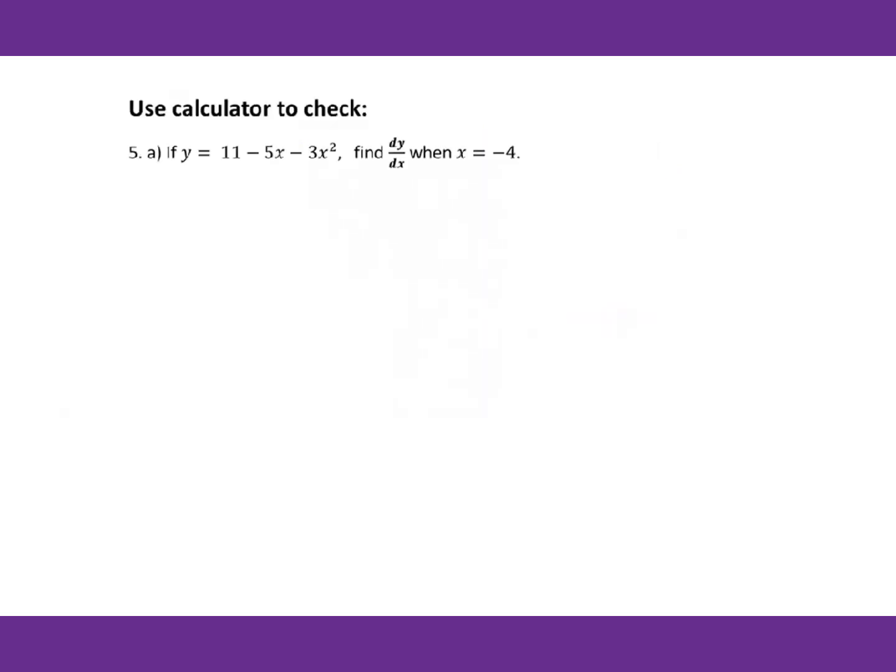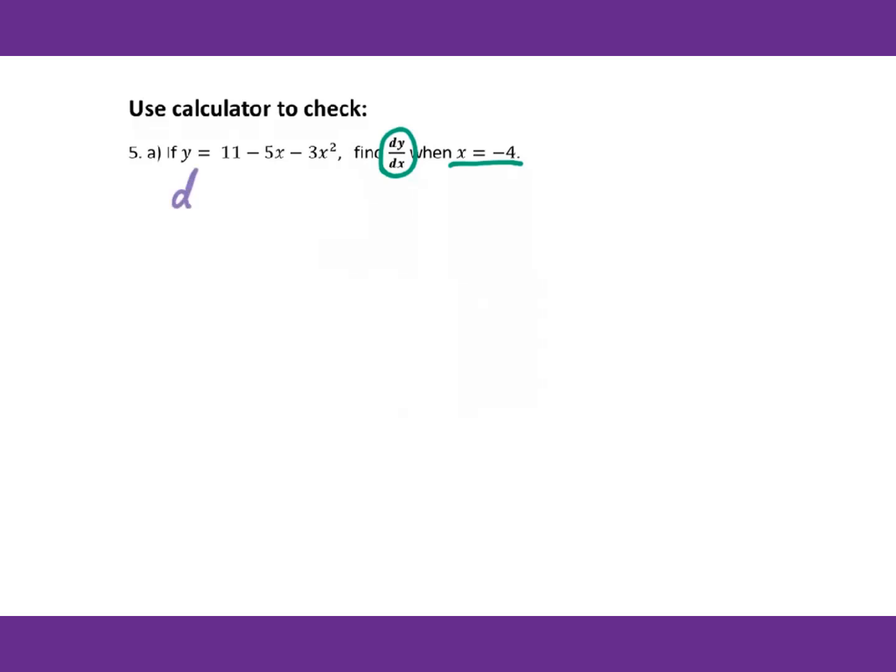Let's go to number 5a. We need to figure out when x equals negative 4, what's the derivative dy by dx. You can use a calculator, get the answer directly. But I will show you how to get the derivative first, then plug in x equals negative 4 into the derivative function.